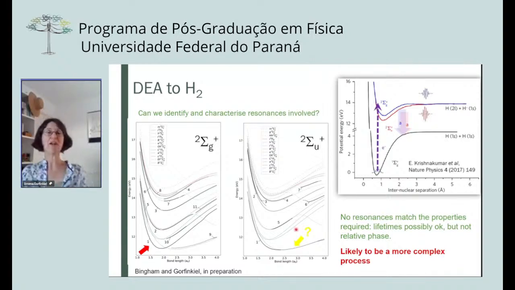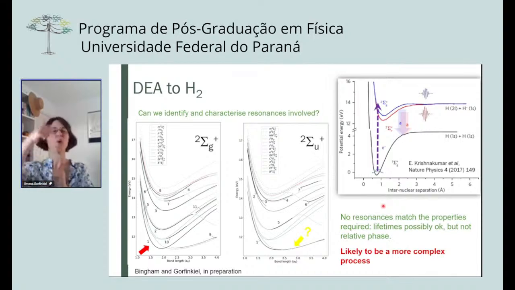The experimental colleagues, E.K. Krishnakumar and collaborators, hypothesized that at 14.5 electron volts there were two resonances, that the electron can attach to either of these two resonances, and that the processes of dissociative electron attachment through these two resonances interfere. As whenever you have interference in quantum mechanics, in some cases you will have enhancement, and in some cases you will have quenching.